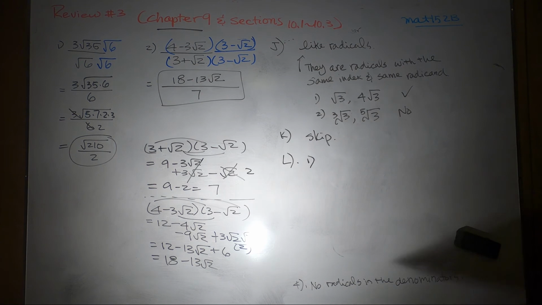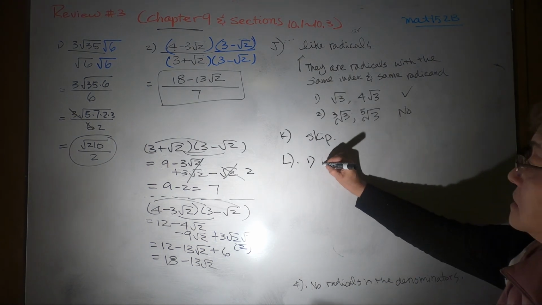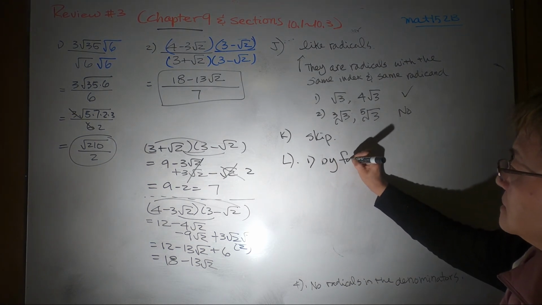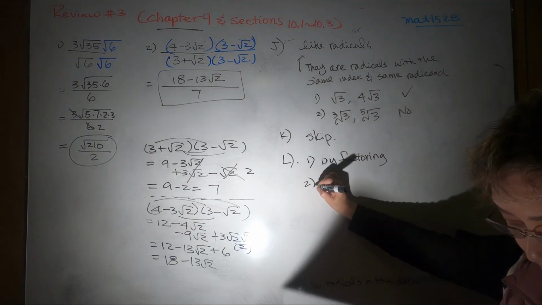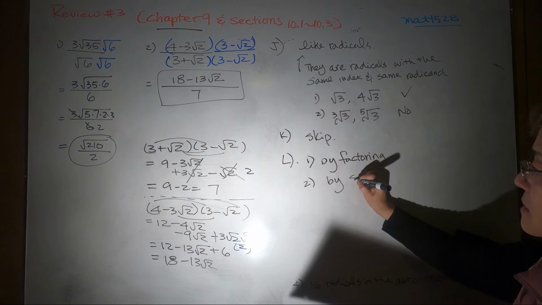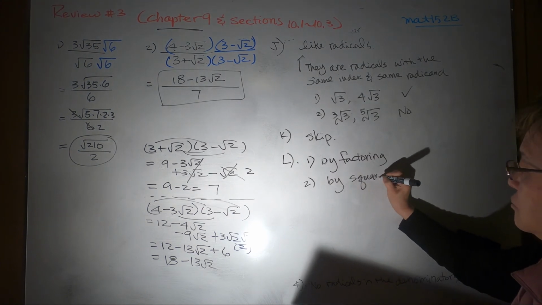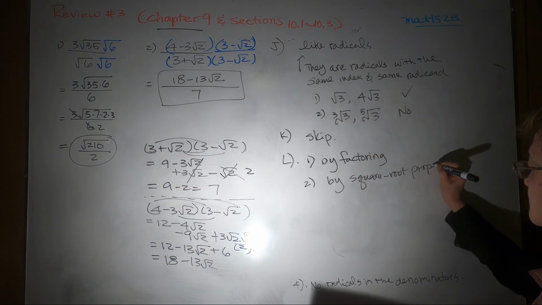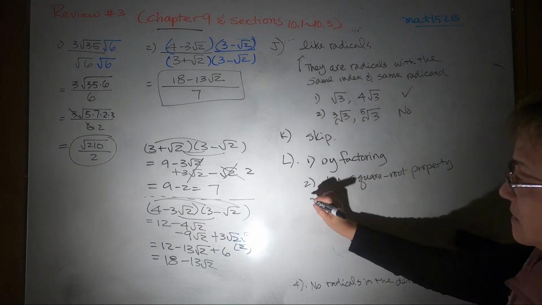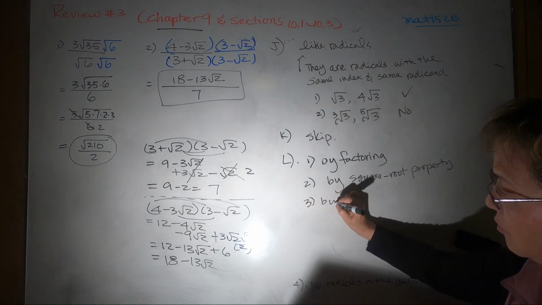Then for methods, we have learned first one, the simple one, by factoring, right? Next one, by what? The square root property. We did that. And third one would be what?